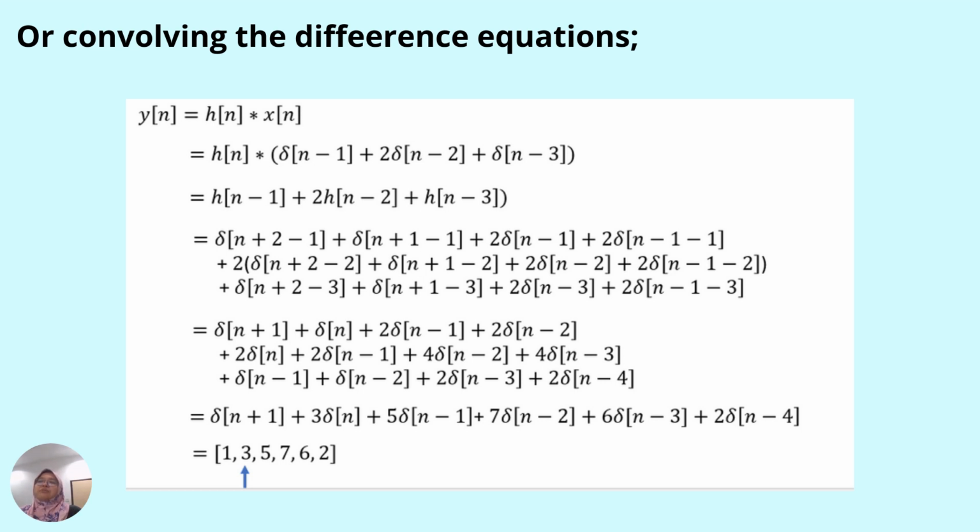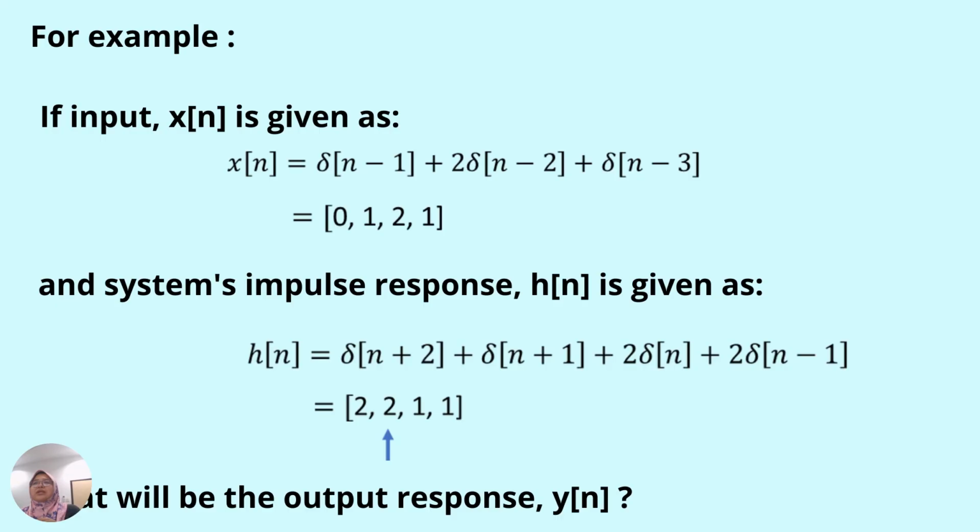So h[n] will be, so all the delta, okay, so all the delta will be replaced by h. Okay, you can see that all the delta is being replaced by h. And then, so for each of these terms, you kena gantikan dia punya sebutan h[n]. Okay, so if you look at h[n] tadi, okay, kita dah tengok h[n] tadi apa.